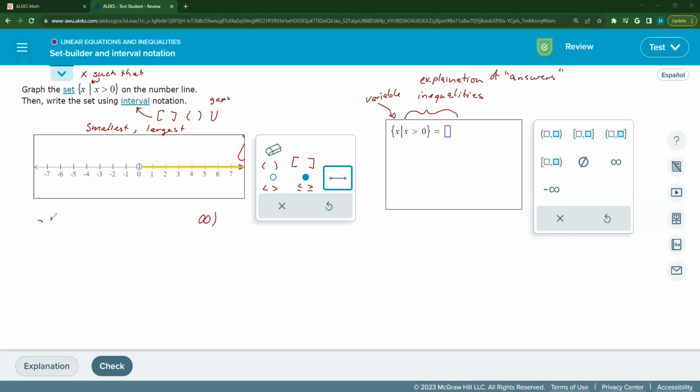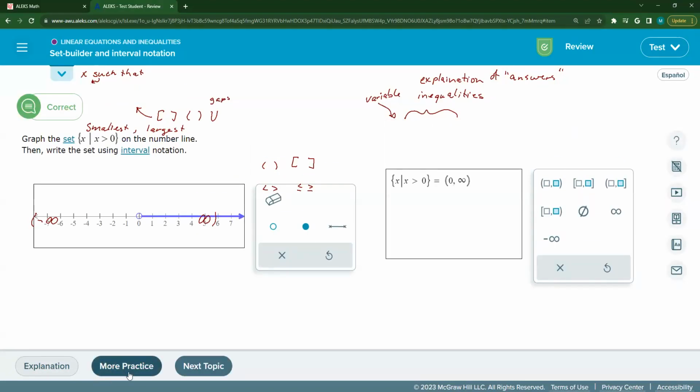Negative infinity would be if it's going off to the left, and that also gets a rounded bracket because it's not an exact number, and it just means it's going on forever and ever. So this one is going to be two of those. We start with a 0, and then we go on to infinity. Okay. And then we're going to get another one.